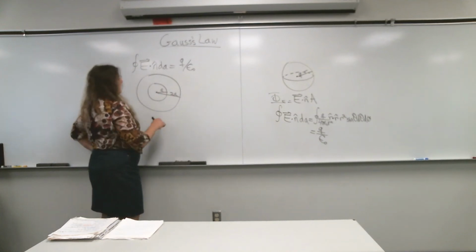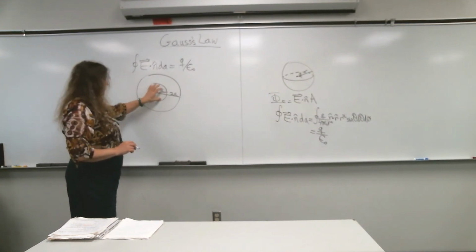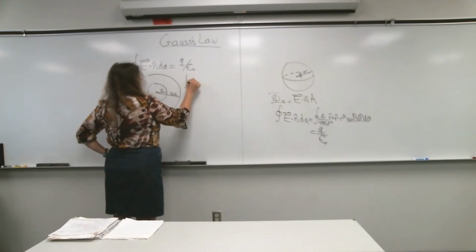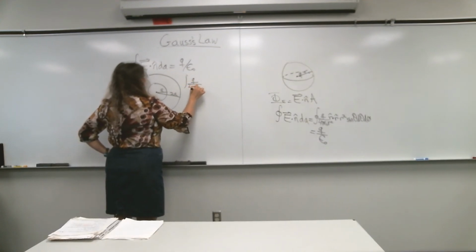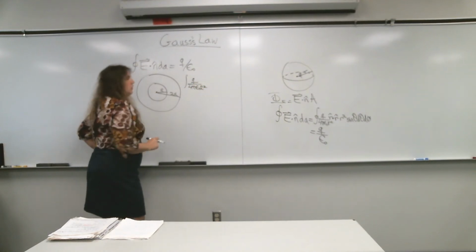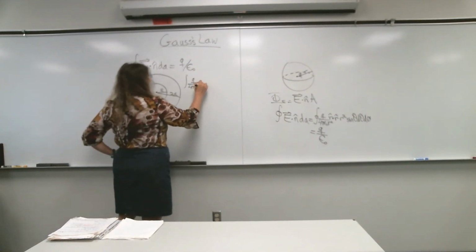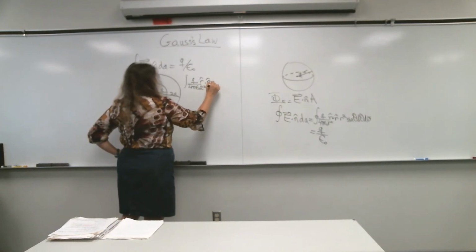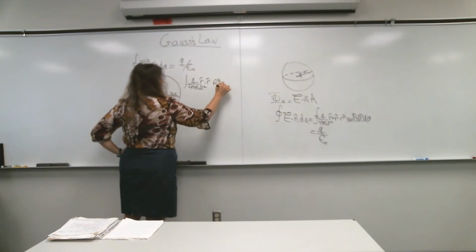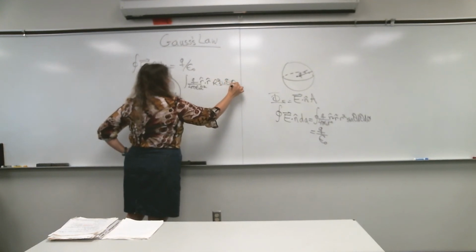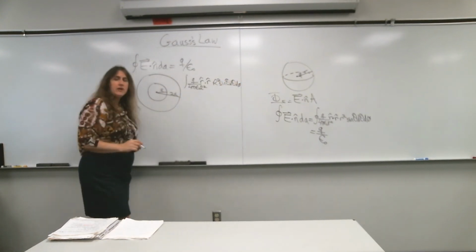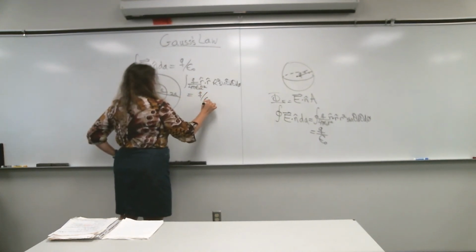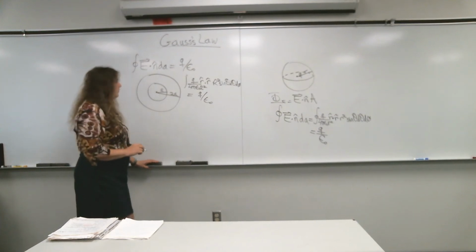So on the left-hand side, if I calculate the flux through the smaller sphere, I'll wind up with q over 4 pi epsilon naught r squared in the r direction dot r squared sine theta d theta d phi. Once again, I'll wind up with q over epsilon naught.